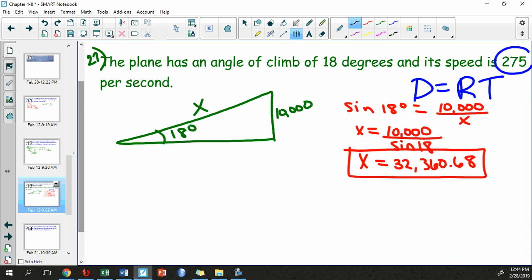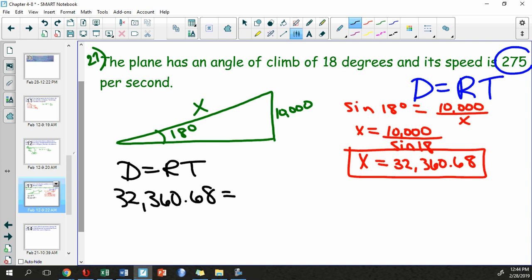We know that distance is equal to rate times time. The distance that I traveled is 32,360.68 feet. I know that my rate of the plane that it's traveling at is 275 feet per second. I don't know the time that it's taking me to travel that distance.